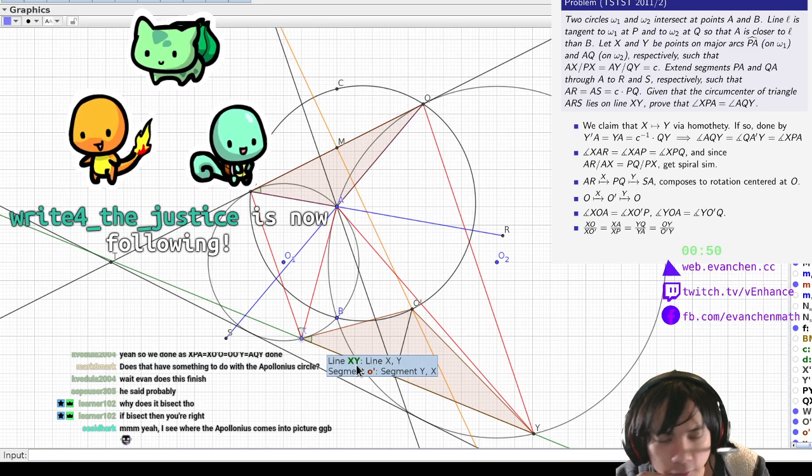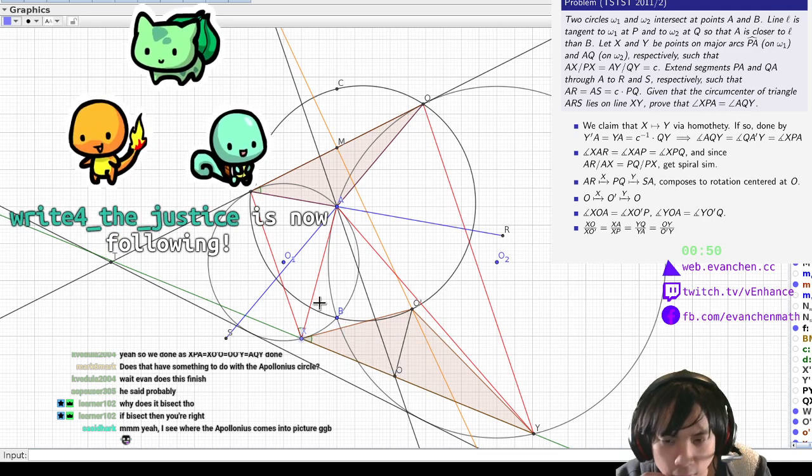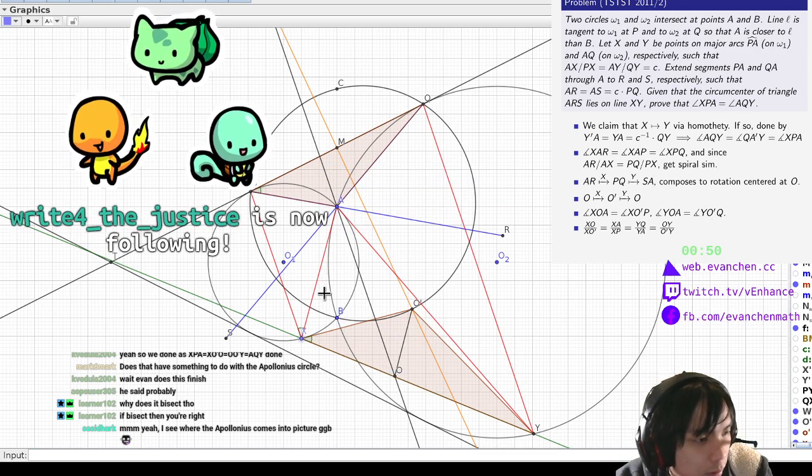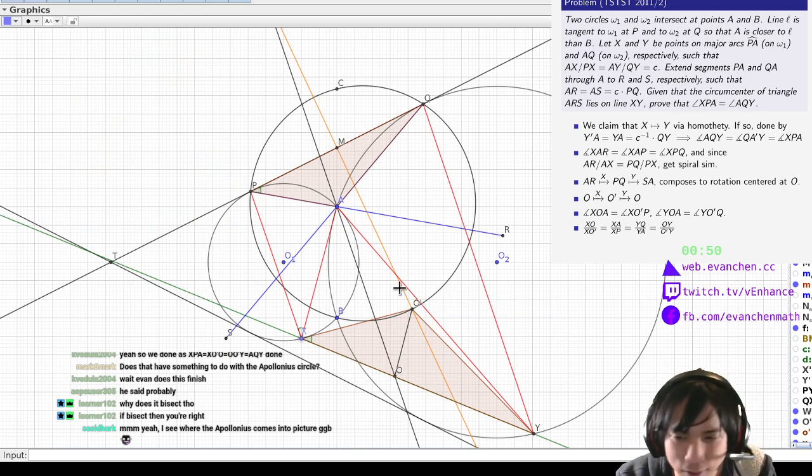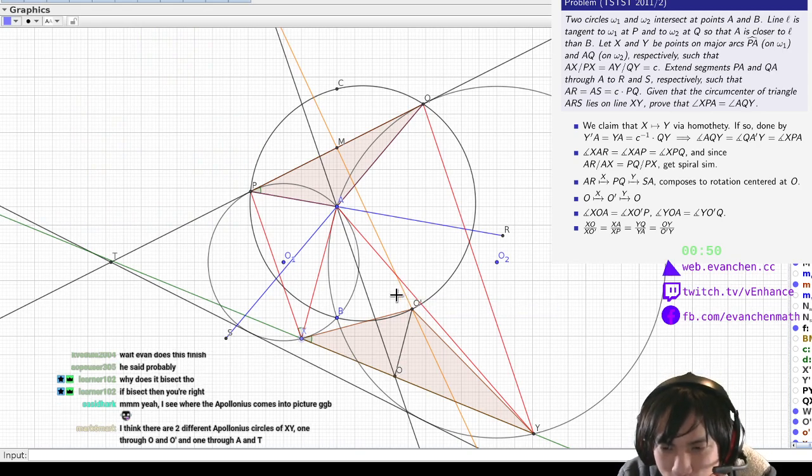Should be almost there. Where am I? Yeah, I can see O prime. There's a definitely Apollonian there. I don't think that solves the problem outright.